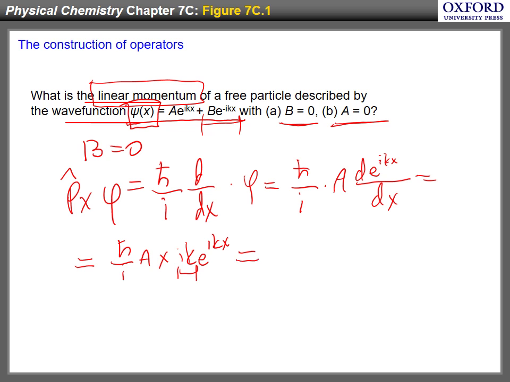This i and this i obviously cancel each other out, and we get k h-bar, and we get our omega, right? So this is our eigenvalue.